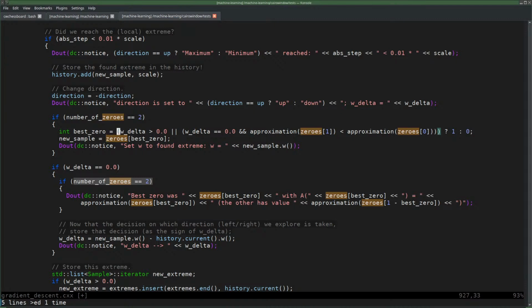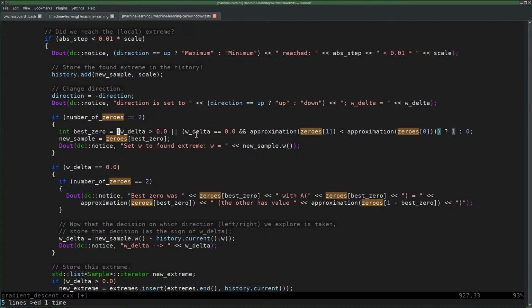So here I have if, can extend this, I think. It's either 1 or 0. It can only be 1 when we have at least 2 zeros. I mean, the zeros are index 0 or index 1. So if W delta is larger than 0, then we're going to the right, and therefore we just must pick the larger zero.